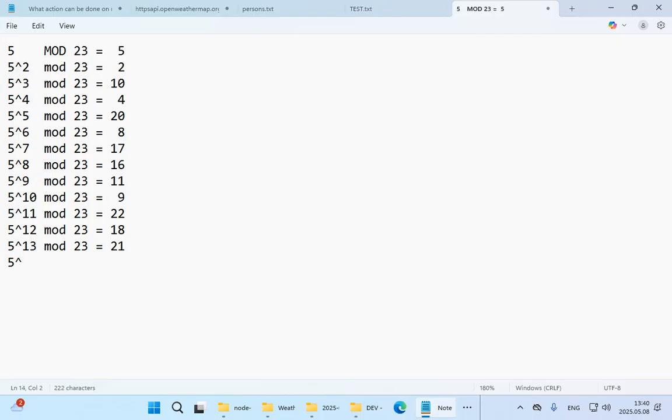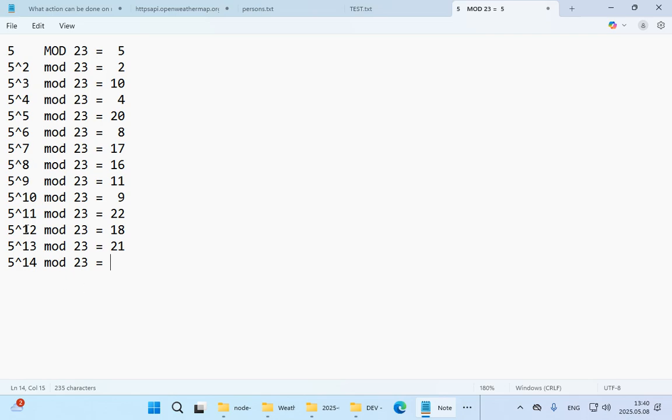5 to the power of 14 modulo 23. What is the result? 13. 32 cannot be because it's larger than 23. It could be 13, you mean, yeah?